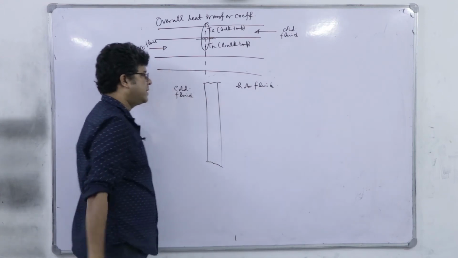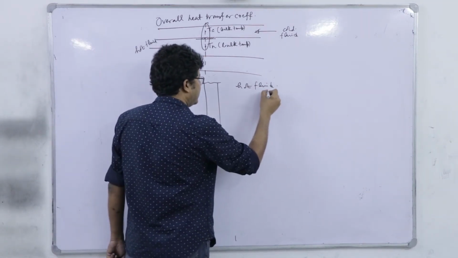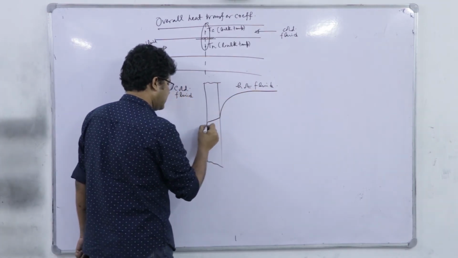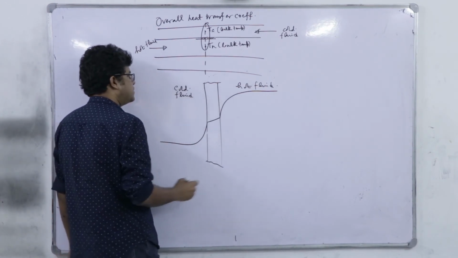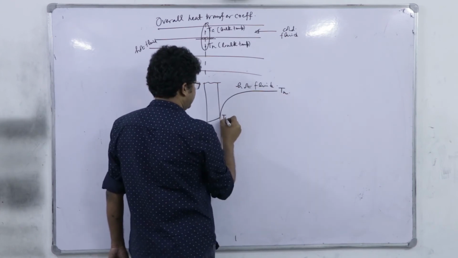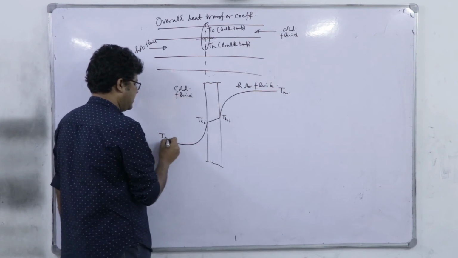So, what is the expected temperature profile under steady state? So, the thing is, it will be something like this. Right. This is TH, this is THI, TCI and TC.